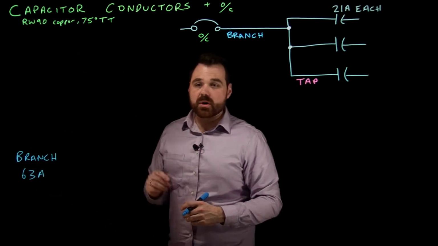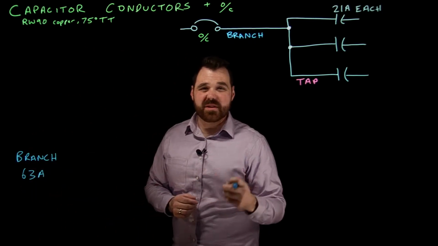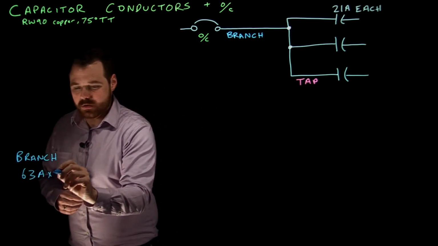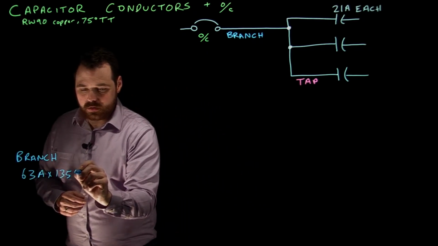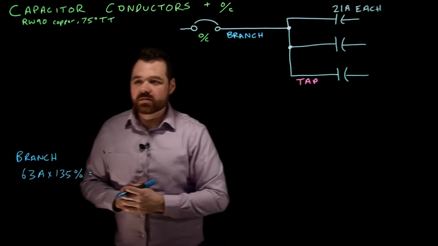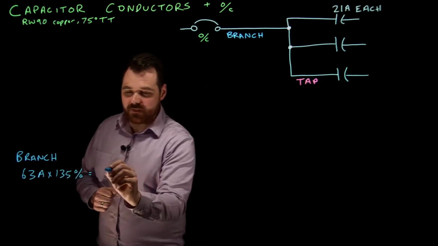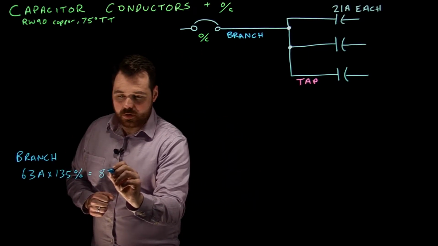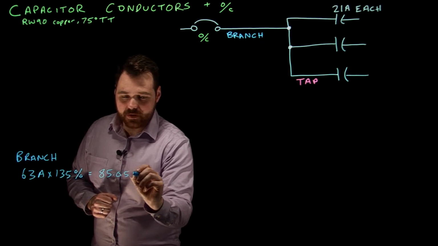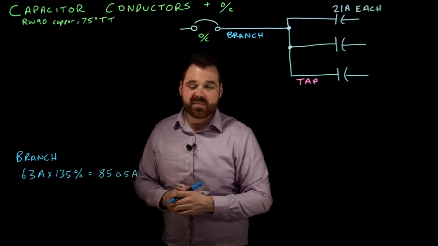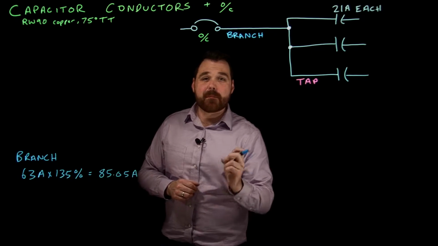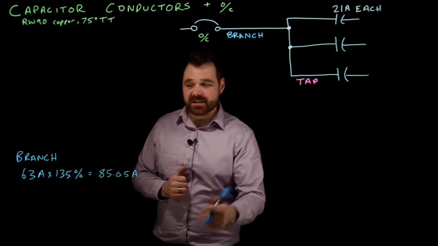I'm going to take that number and multiply it by 135%. It's going to give me 85.05 amps. I take that 85.05 amps to Table 2.